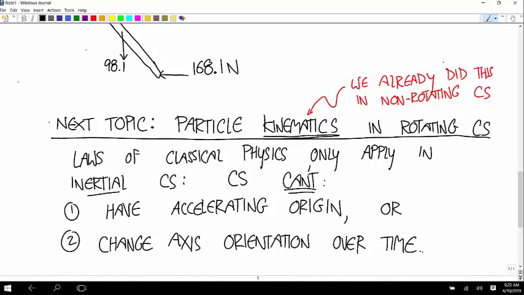So that's rotation of the coordinate system. If you have either one of these, you can't do Newton's laws in that coordinate system. You can correct for these. If you have an accelerating origin, the way you correct for it is you use the relative motion equations.